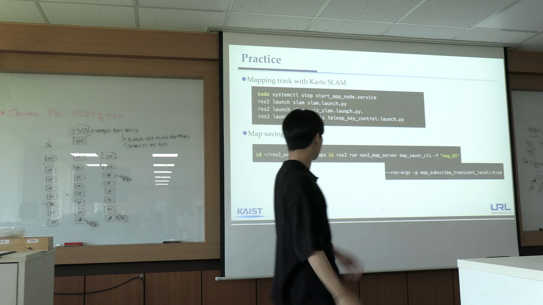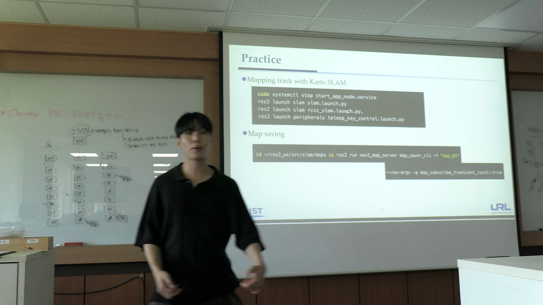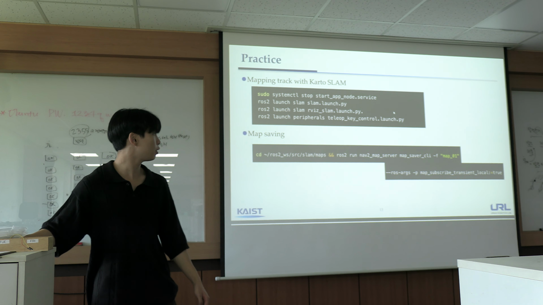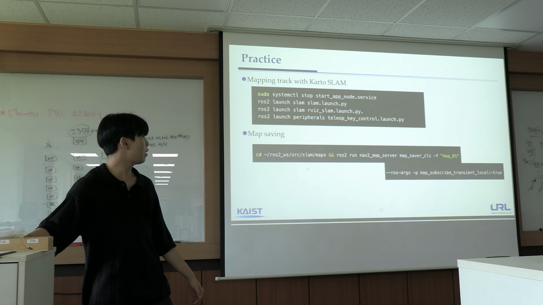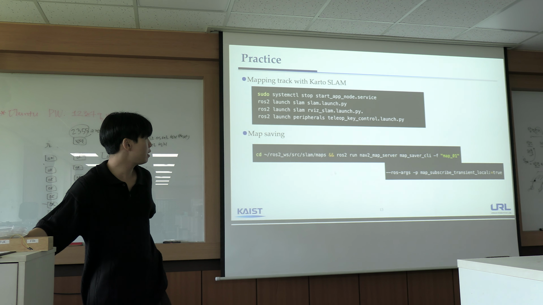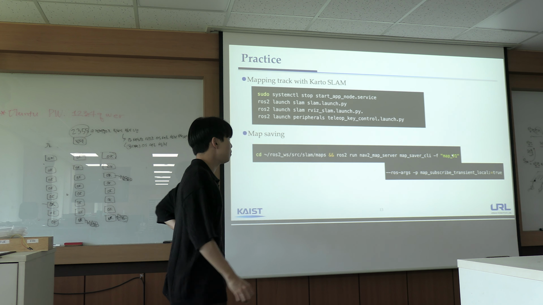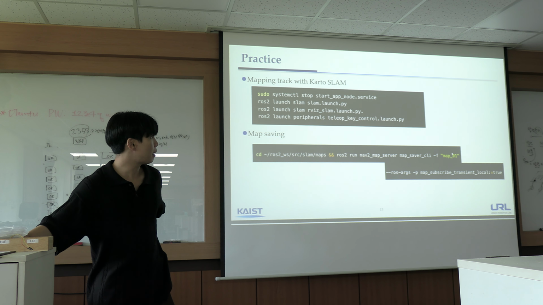And the last one is for teleoperating your robot to map the environment. After the mapping is done, you can save the map with this command line. This part should be updated with your custom map name, and then the map is saved to your file system.